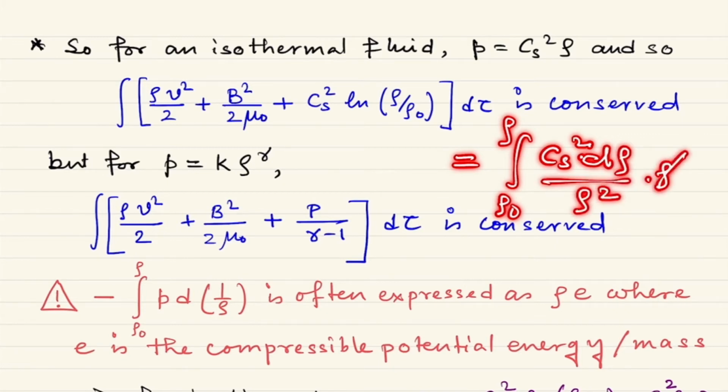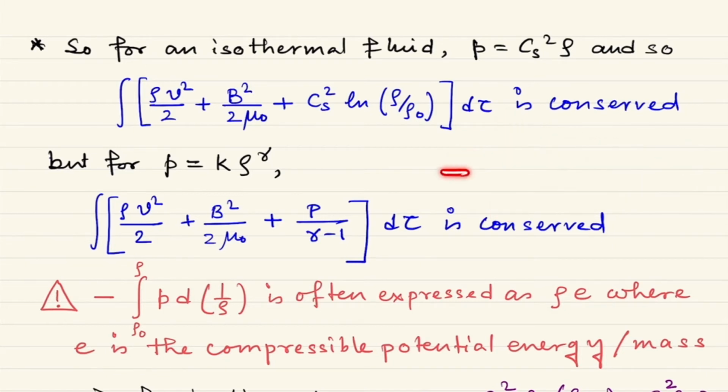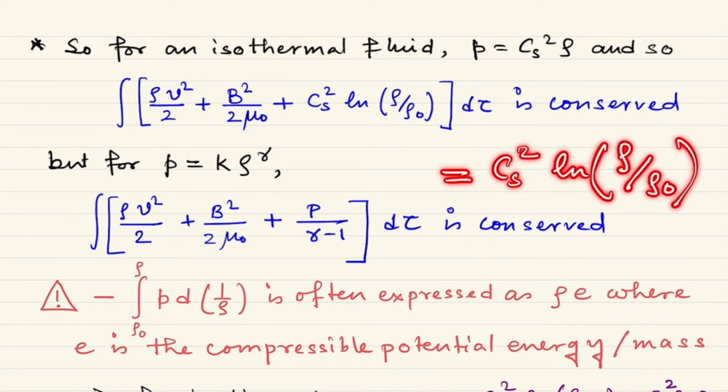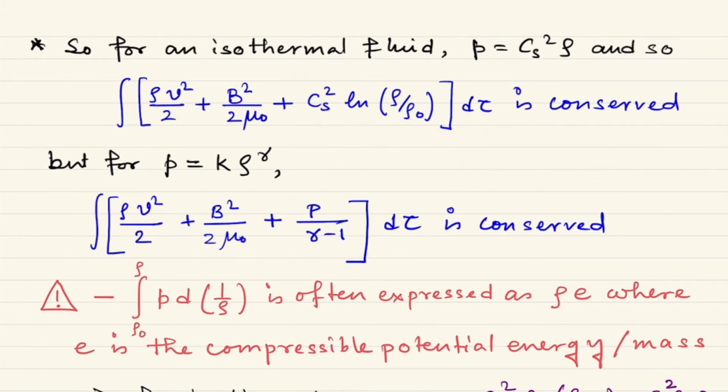The rho square will cancel one density, and you have Cs square d rho by rho. So finally the functional form will be Cs square log rho by rho 0, and that's exactly what we will use here.